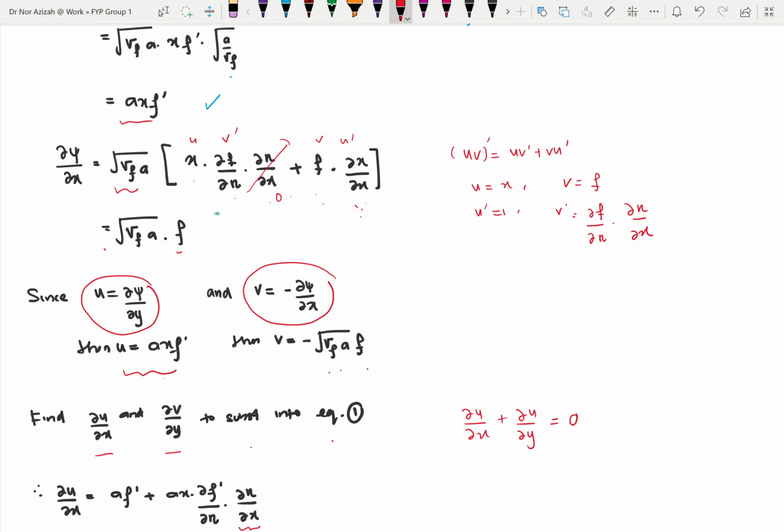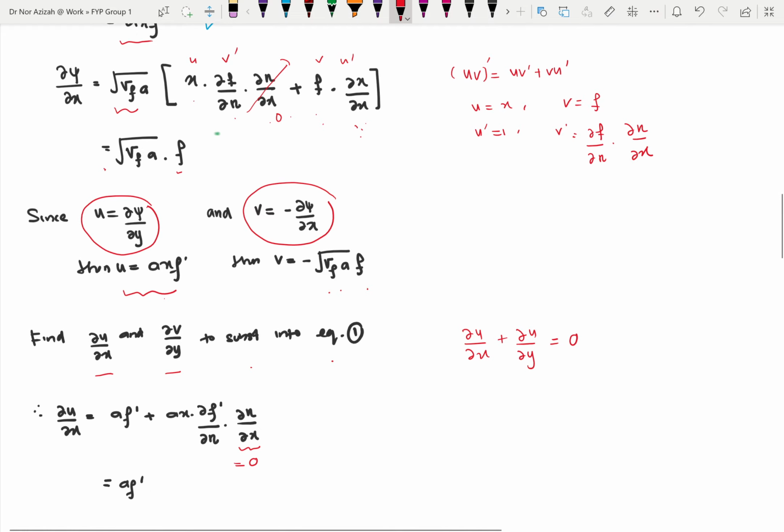We already have u equals ax f prime, so you just need to find del u del x, differentiating u with respect to x. You have x, you have f prime, and f prime is in terms of eta, and then you need to differentiate with respect to x and also y.